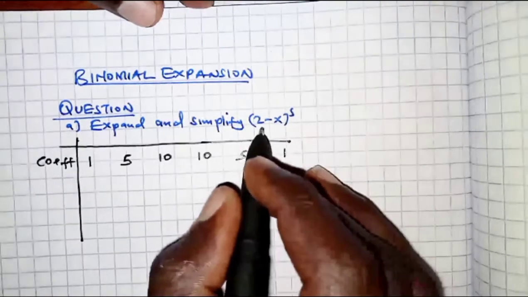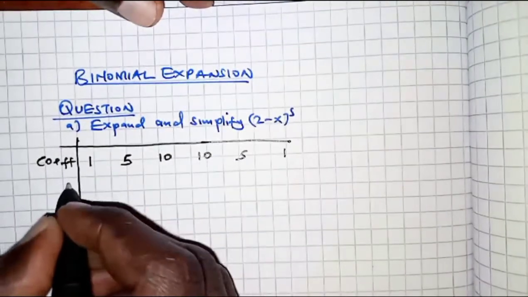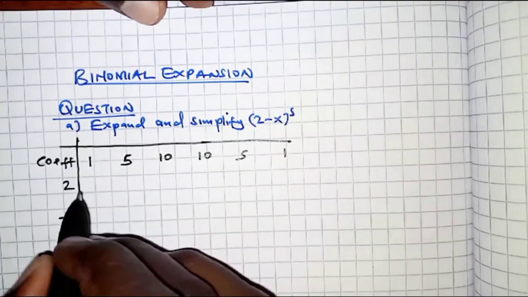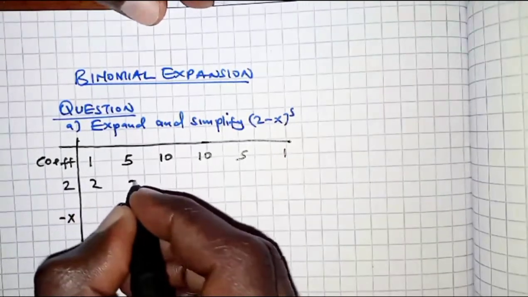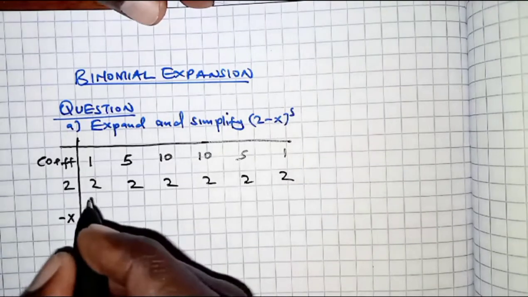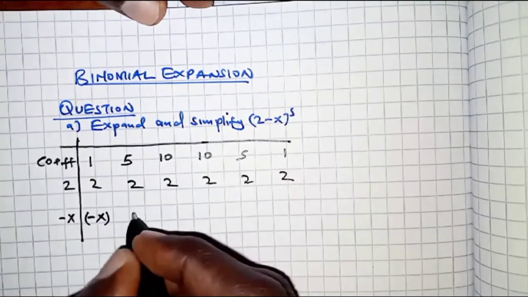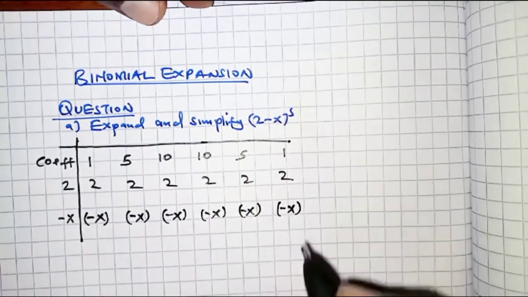And then I'll also have the terms of the binomial expression here. So I'll have 2 and a negative x. I'll repeat 2 across, 2, 2, and finally 2, and the same for negative x, but I'll include it in brackets, negative x, and finally negative x.